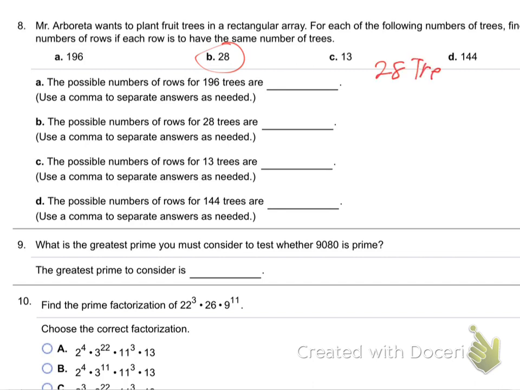I'm just going to start with part B because that's easier. 28 trees. How could he do it? If he's got 28 trees, he could do a 4x7 array, couldn't he? Right? He could plant 4 trees in 7 rows.